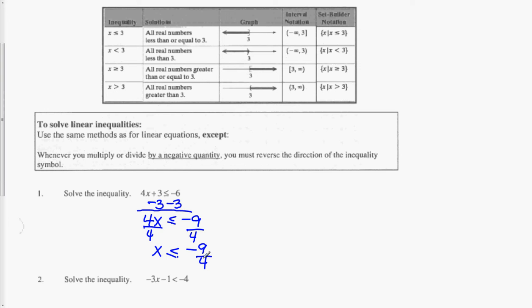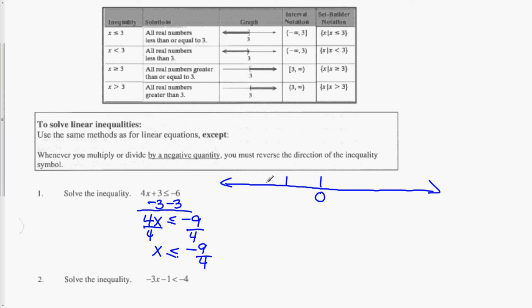So let's talk about how we can write this answer. One way to represent inequalities is to use a number line. So let's draw a number line. And here's 0. Since this is negative 9 over 4, as a mixed number, that would be negative 2 1/4.